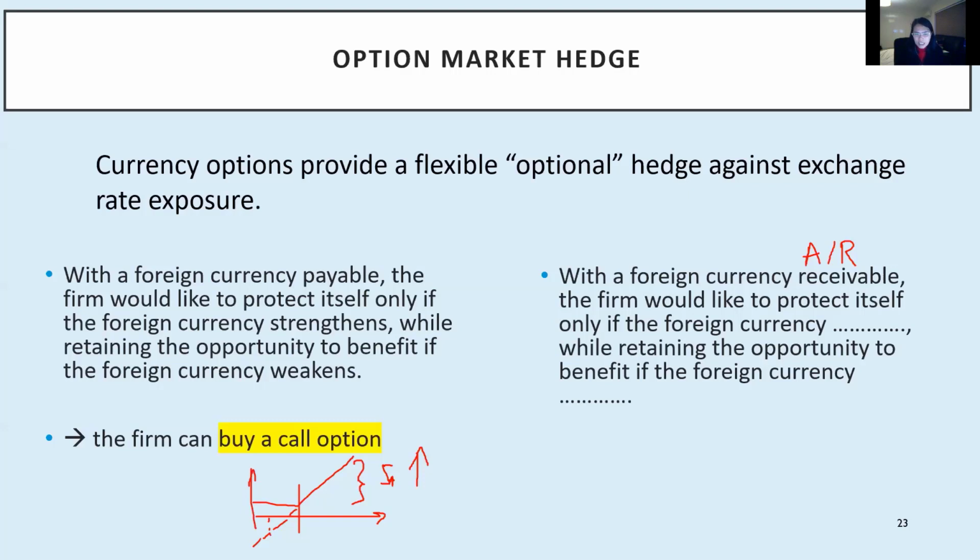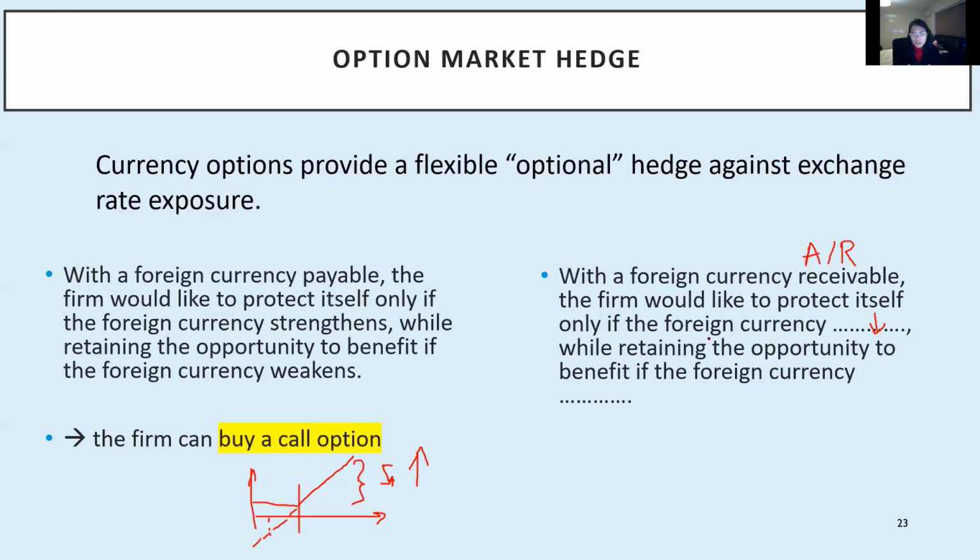So the answer here is the opposite to what we just talked about before with account payable. So in this case, if I'm going to receive the foreign currency, I want to be protected against the case when the foreign currency depreciates, right? I'm going to receive an asset and I don't want the asset to depreciate in value, okay?